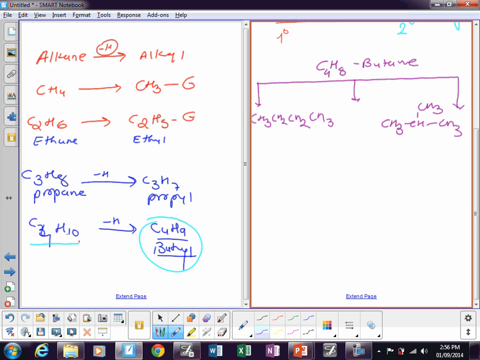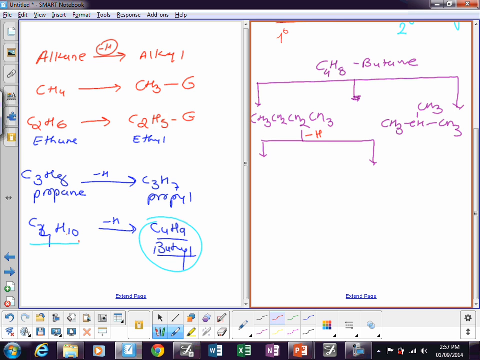See over here, I have 2 structures. From this structure, I do get 2 kinds of alkyl group.